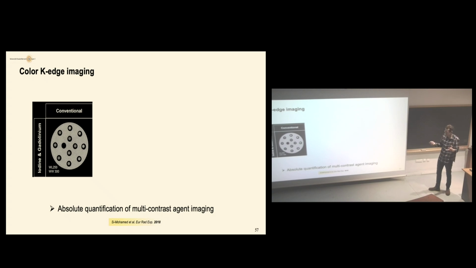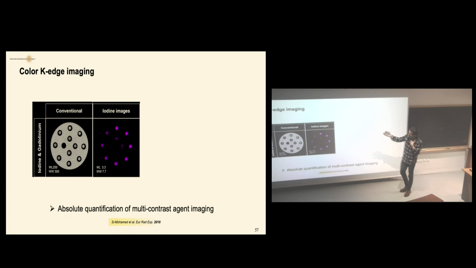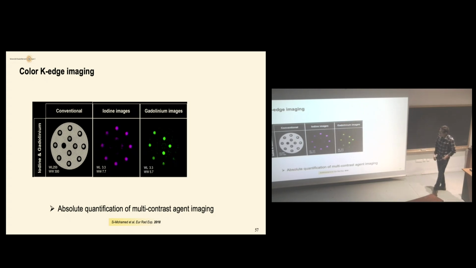So while conventional CT cannot show the specific imaging, using water and iodine images and K-edge imaging, you will be able to specifically show the iodine content, which is decreasing in terms of concentration here, while you can show the specific images based on the K-edge of the gadolinium, which is in the clinical range of the X-ray energy, with an increasing concentration within the tube.